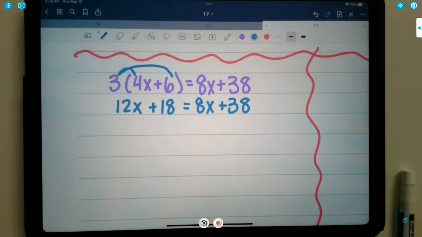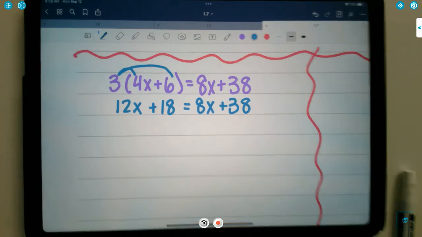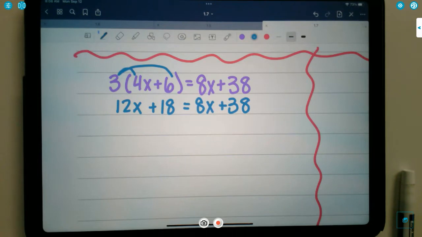Okay. From there, we are going to get x all on one side of our equation. Is it easier to do 12x minus 8x or 8x minus 12x? What's easier, 12 minus 8 or 8 minus 12? 12 minus 8 is 4. 8 minus 12 is negative 4.